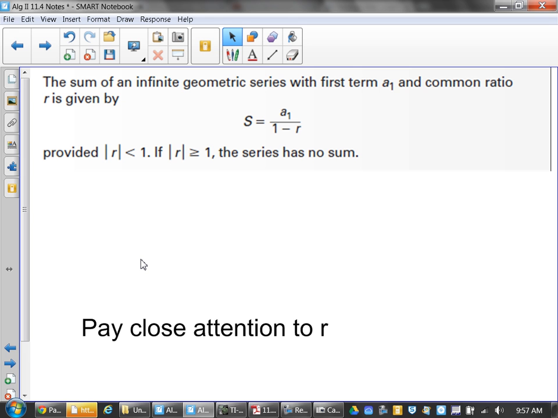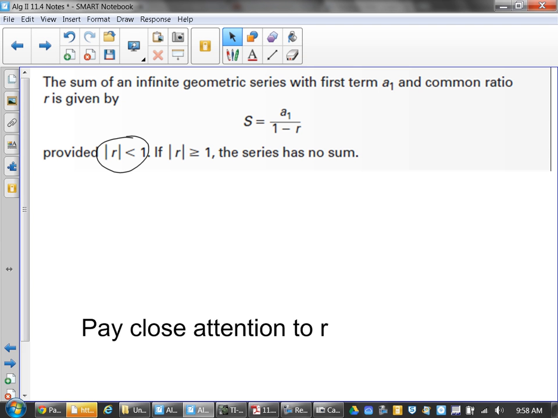So if you have the sum of an infinite series, and it's geometric, the absolute value of the rate, r, has to be less than 1. That's the only type of infinite series we can make this work for. It has to be a value like 1/3.